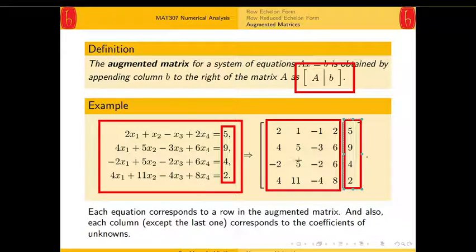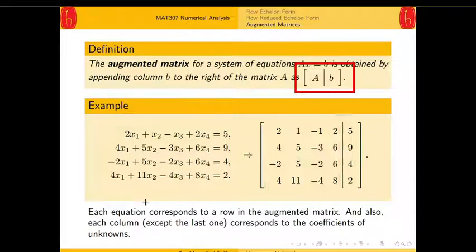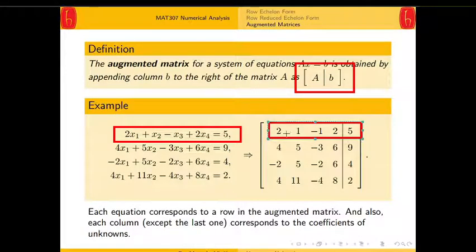In this matrix, each equation corresponds to a row of the augmented matrix. This equation corresponds to that row. We omit the unknowns x_i, but it is reasonable to guess they are there, so we only use the coefficients.